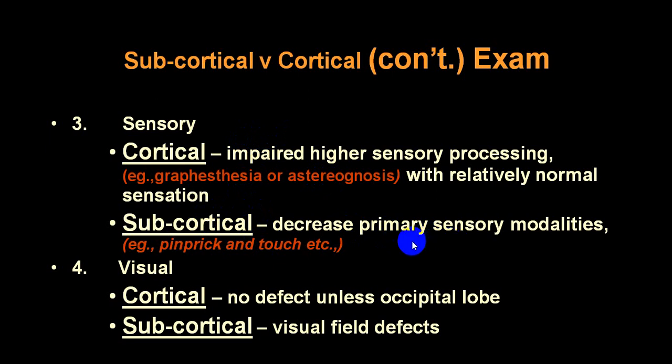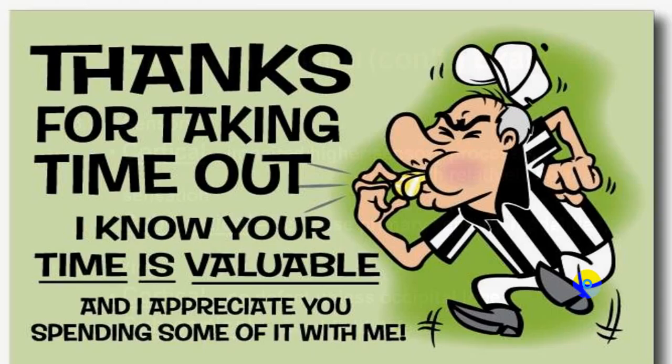So primary modality will be lost. And we already mentioned in the visual field also, in a subcortical damage, we'll have a part of the visual field being affected. We call it quadrantic homonymous hemianopia. While in case of a cortical damage, unless the occipital lobe is involved, there will not be any involvement of the visual field.